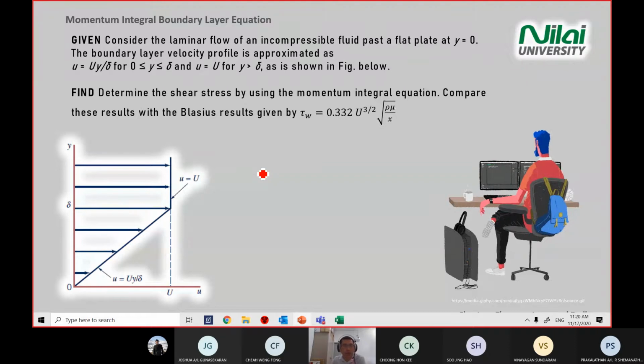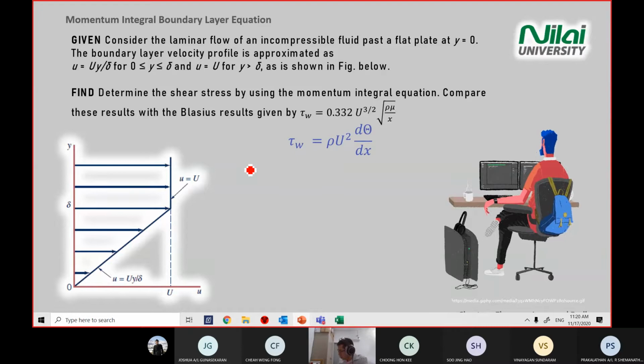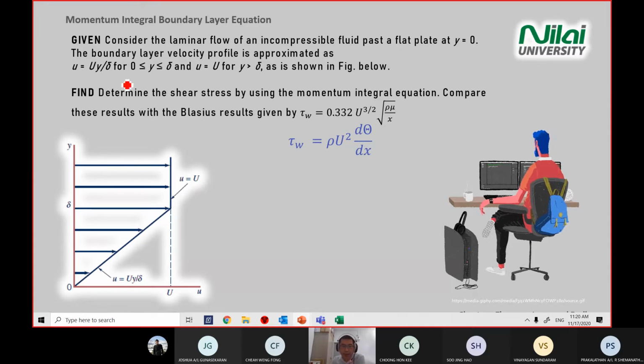Okay, how do we solve this question? Because we want to find the shear stress, again pull out the momentum integral equation that you learned in question 17: shear stress equals rho U squared times d theta, the momentum thickness, divided by dx. This is what we covered 5 minutes ago.